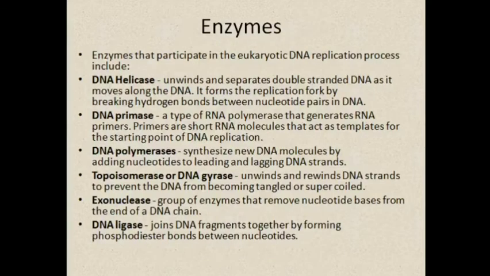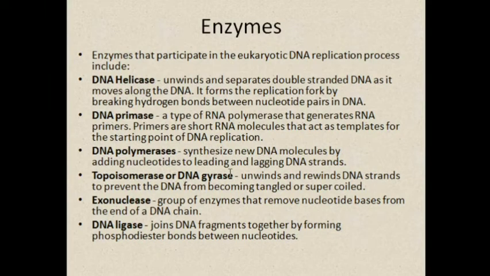Now let us go through the enzymes that are required for DNA replication. DNA helicase is used to unwind the DNA strand. Then DNA primase is used for formation of the RNA primer. Then polymerase is the main enzyme. This is not only used for replication, there are also polymerases for proofreading and removing errors in replication.